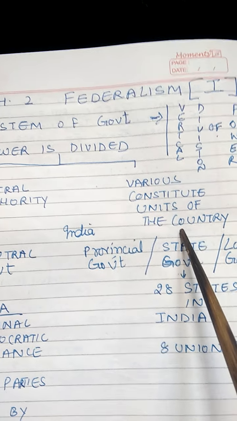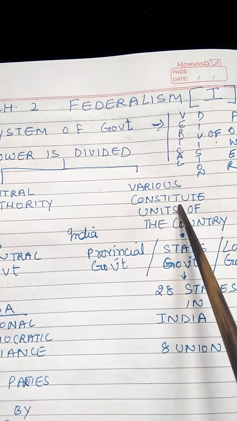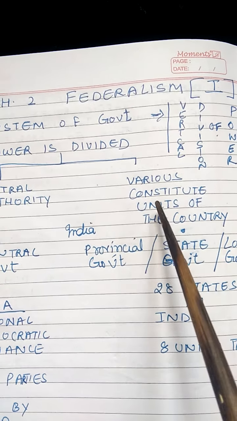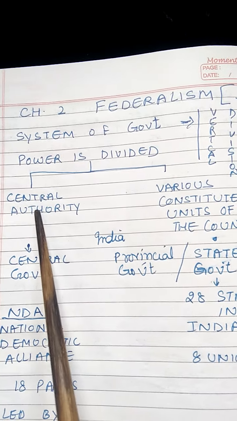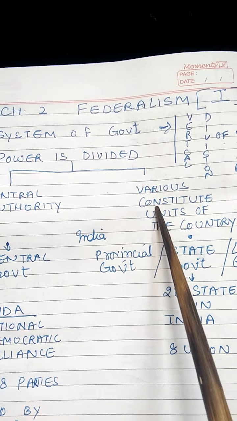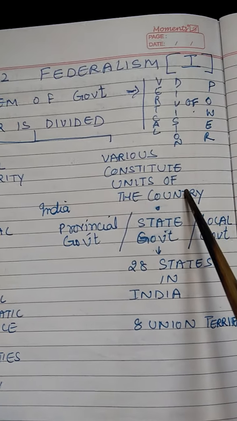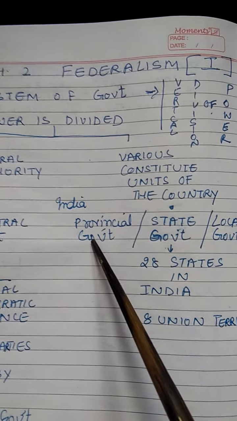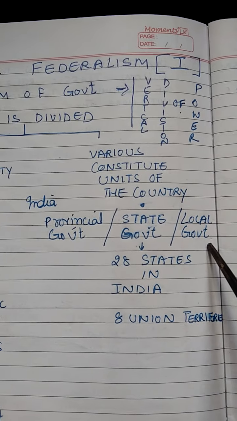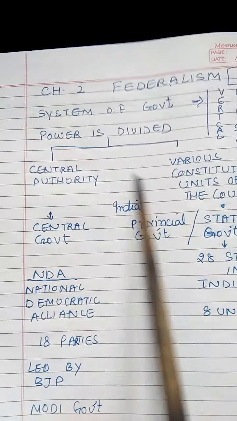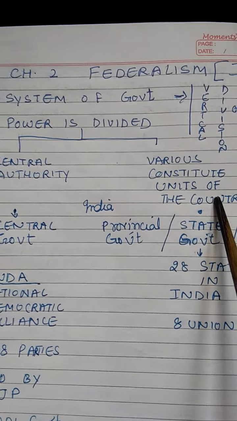In simple words, for example, in India, we have a central government and then we have state governments. The constituent units of the country may be called by various names. For example, it may be called provincial government, state governments, or local government. So, on the whole, federalism means division of power between central authority and various constituent units.